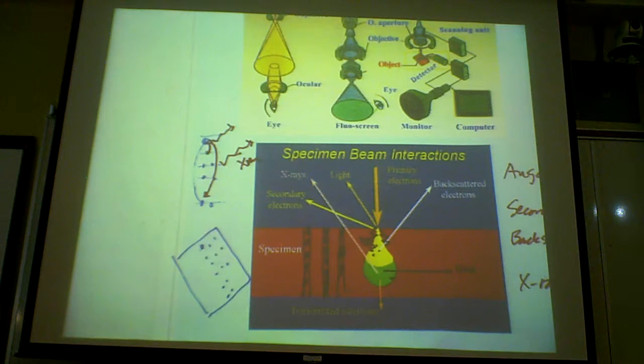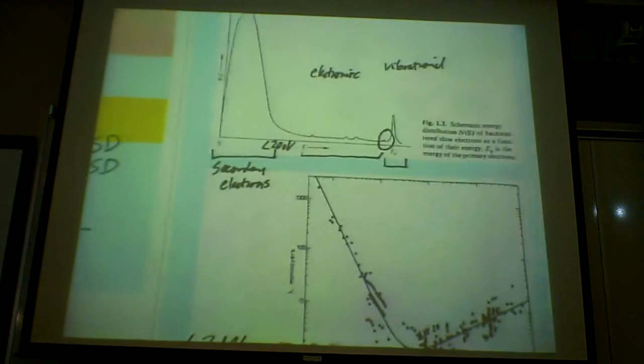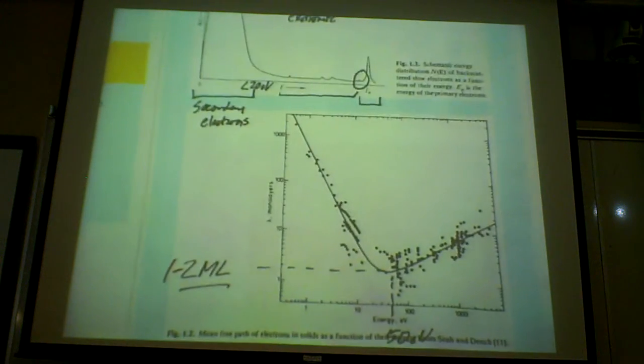It's not that the physics does not occur deep here. It's just that the emitted particle cannot make it out from the surface. And that really is what gives you the surface sensitivity. And why is that? It's because of this plot, right? Remember, I talked about these two plots at great length.